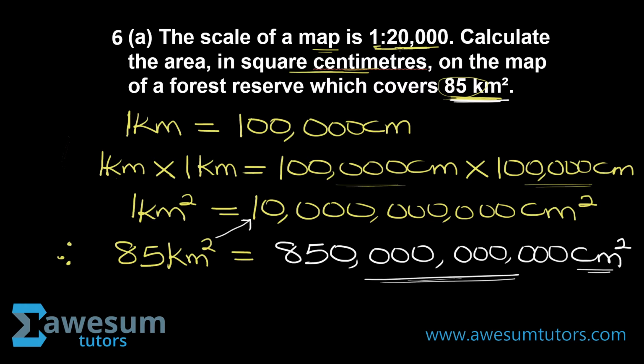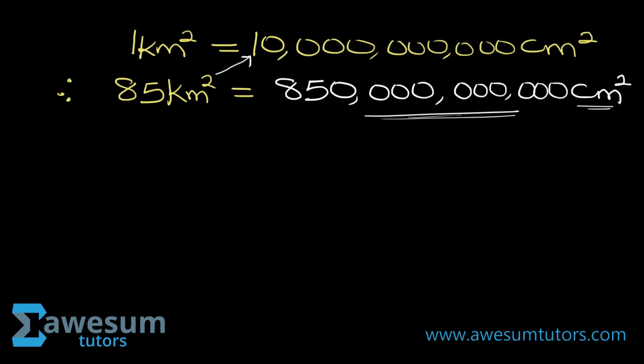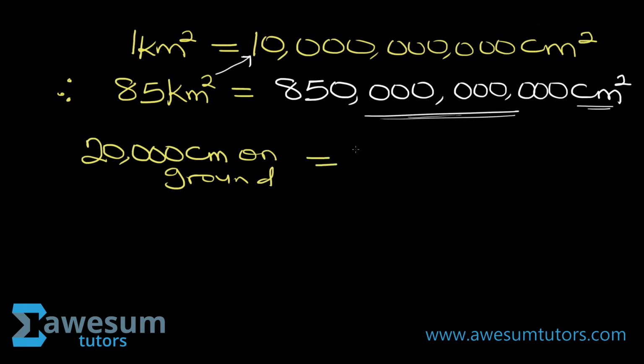Now let us interpret this. What it means is that 20,000 centimeters on ground equals 1 centimeter on map.